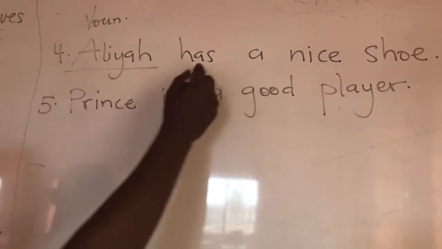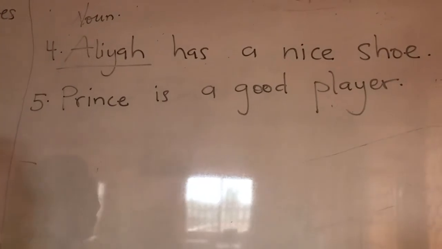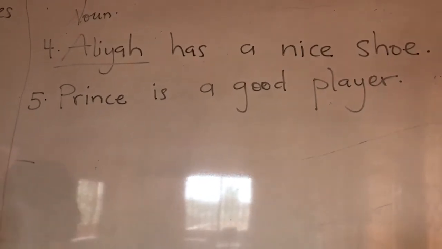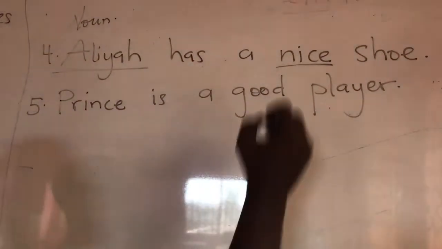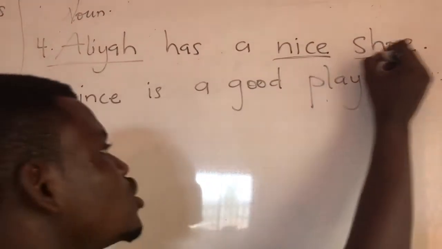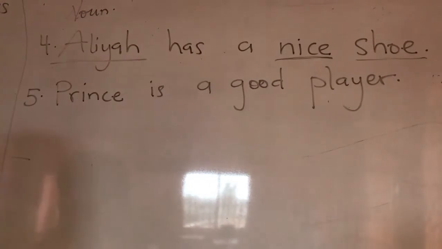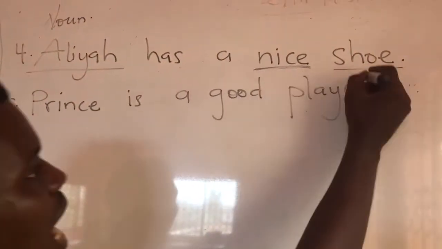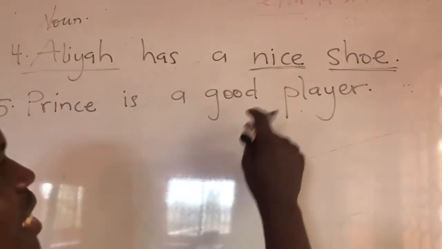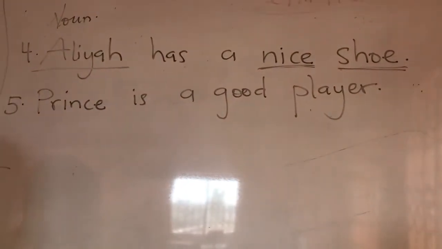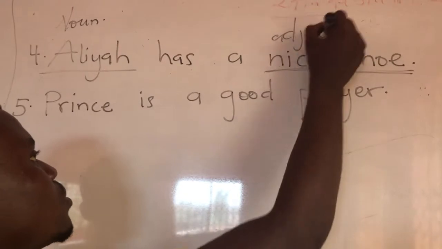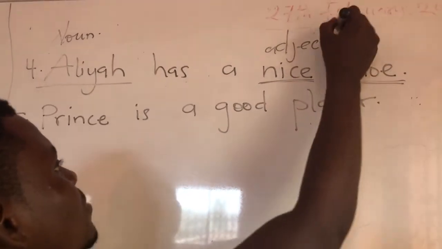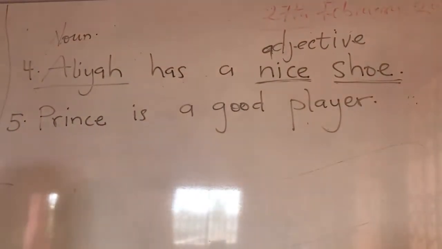We can say Alia has a shoe. But how is the shoe? Is the shoe ugly? No, the shoe is nice. So the nice here is telling you how her shoe looks. The shoe is nice. So the nice here becomes the adjective.